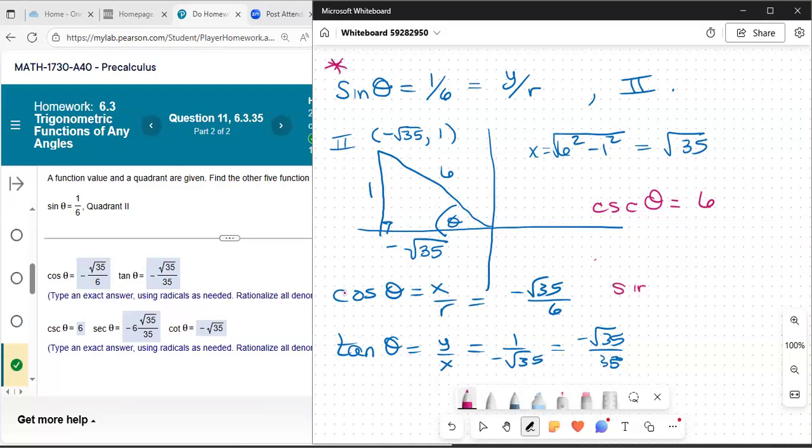The secant of theta is the reciprocal of cosine, which is negative 6 over square root of 35, or negative 6 square root of 35 over 35. And then the cotangent of theta is equal to negative square root of 35 over 1, which is just negative square root of 35.